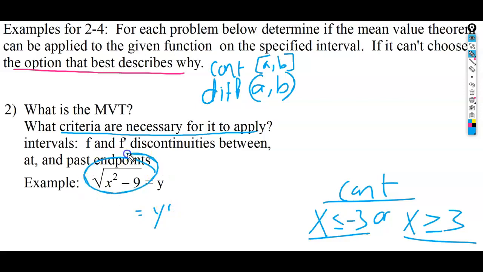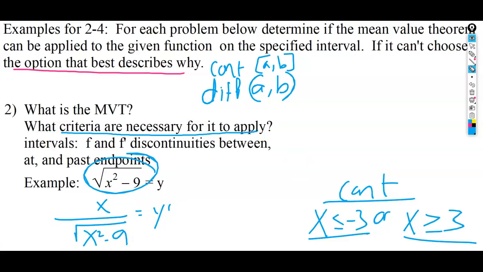Now, how do you take the derivative of the square root? Well, you do 1 over 2 times the square root we have, and then you also multiply it by the derivative of the inside, which is 2x. And in this case, the 2 on the top and bottom just cancel each other out. So there's our derivative.